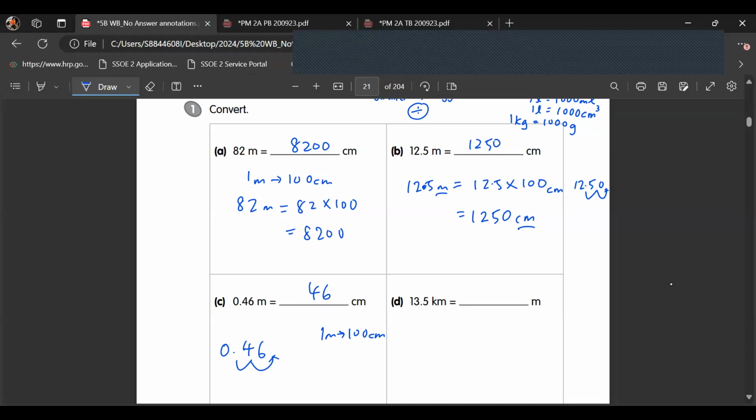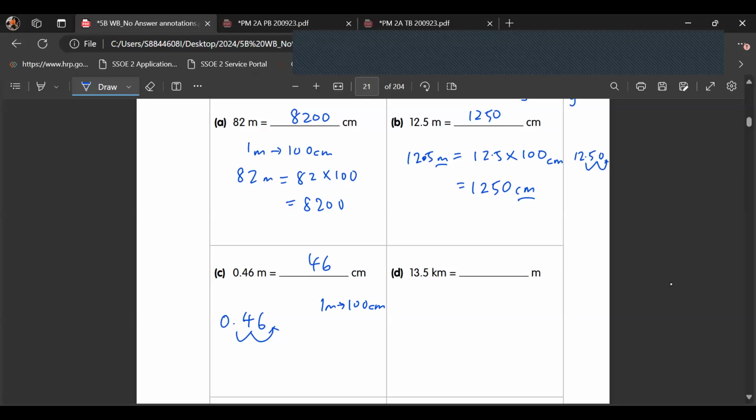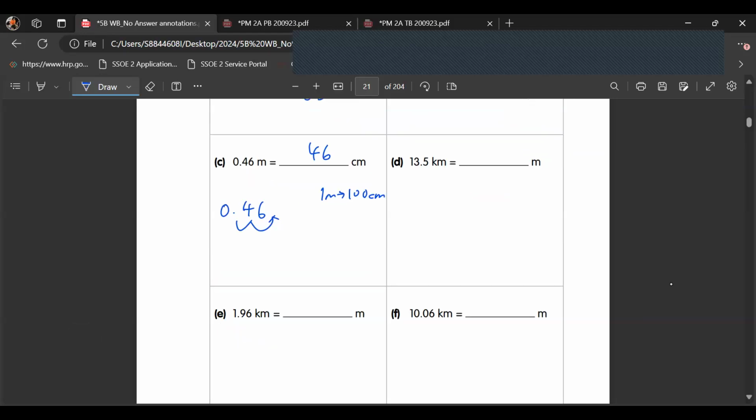Then from kilometers to meters, I have 1 kilometer. This is the confusing one. A lot of times people remember wrongly. Then the kilometer, they go and times 100. Then meter, they go and times 100, 1,000 per centimeter. So this is the very, very confused part.